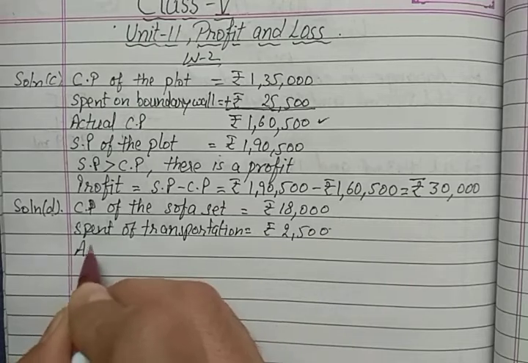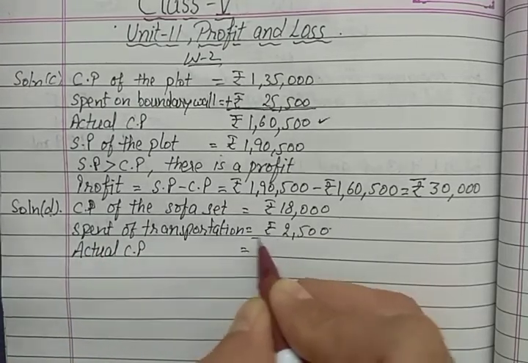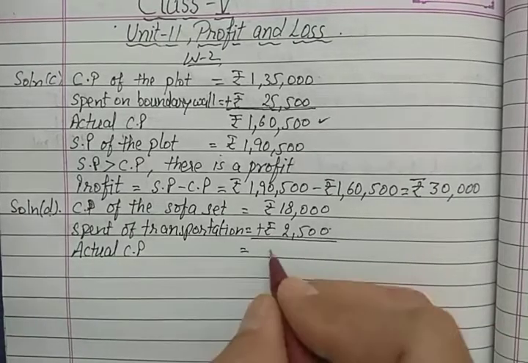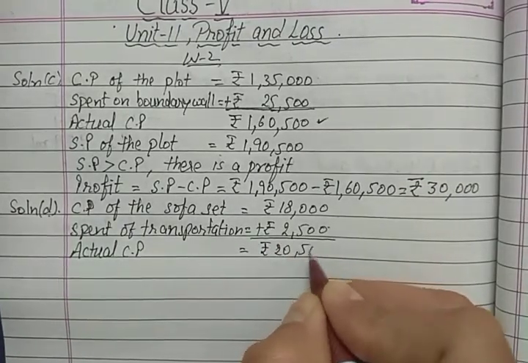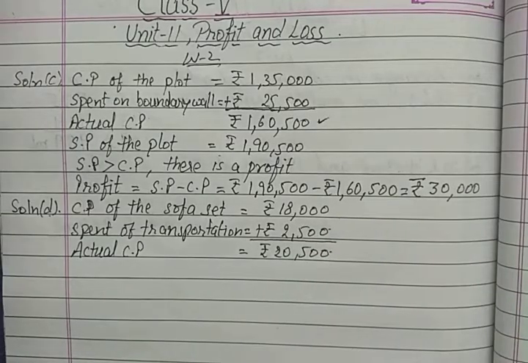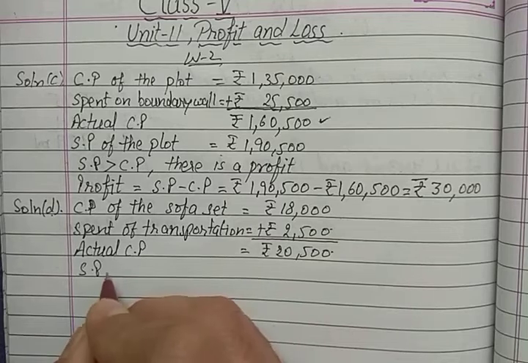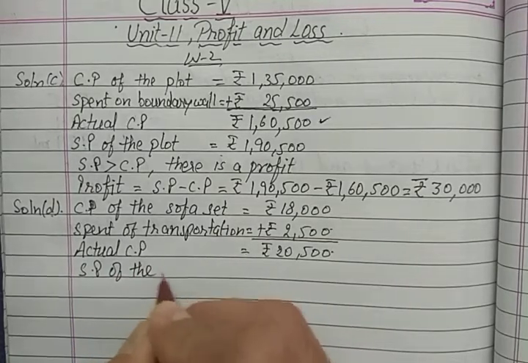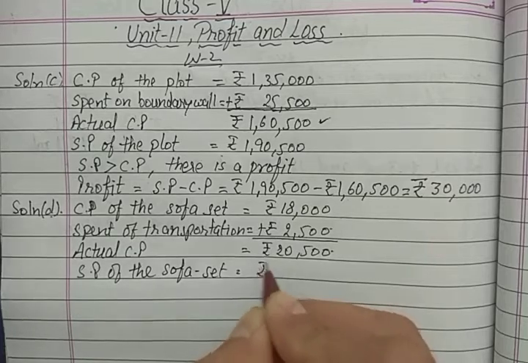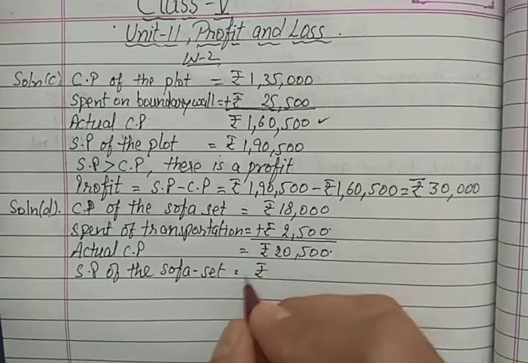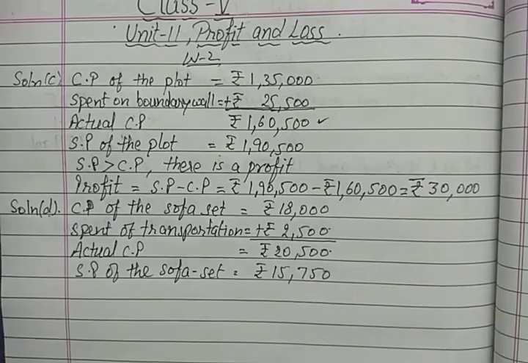So the actual cost price is, we have to add them, so that is rupees 20,500, right? 20,500. And the selling price is also given. Selling price of the sofa set, that is rupees 15,750, right?